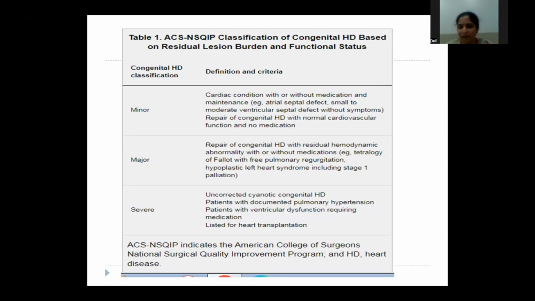These are a little bit complex and come under the major category, and severe are uncorrected cyanotic heart disease coming for non-cardiac surgery, patients of VSD with documented severe pulmonary artery hypertension, patients with documented ventricular dysfunction requiring medications, and patients with congenital cardiomyopathies listed for heart transplantation.